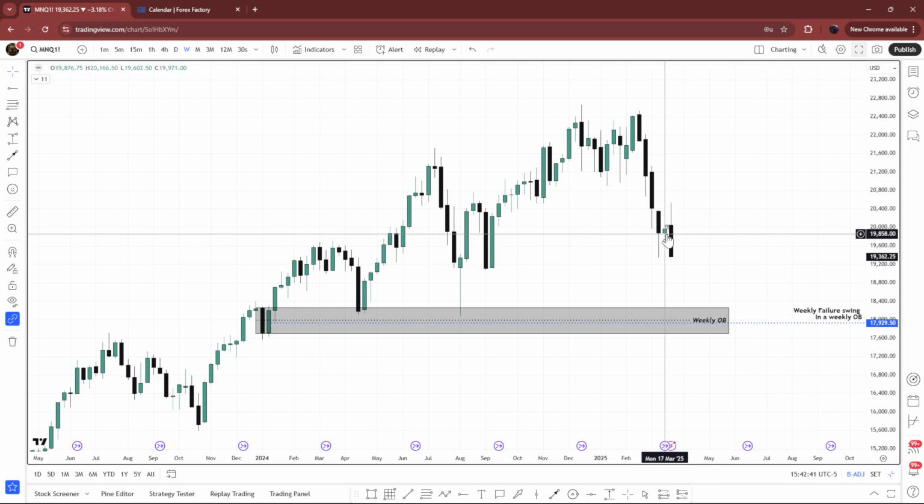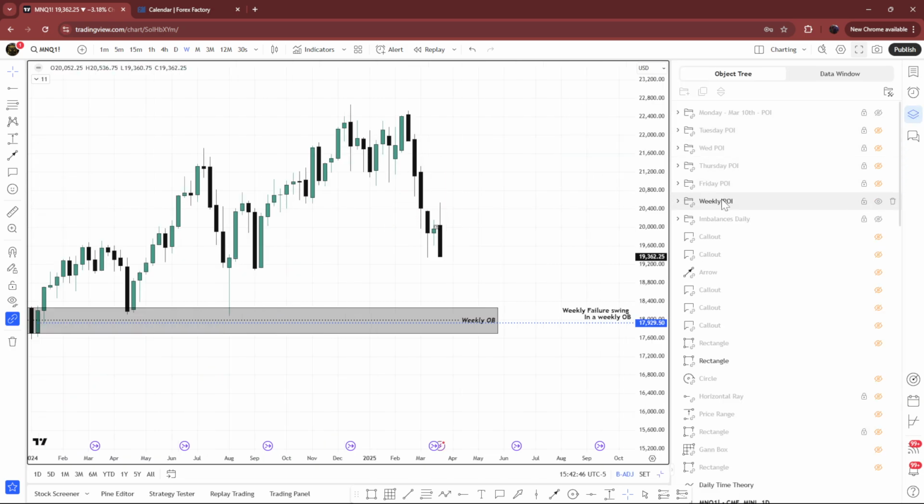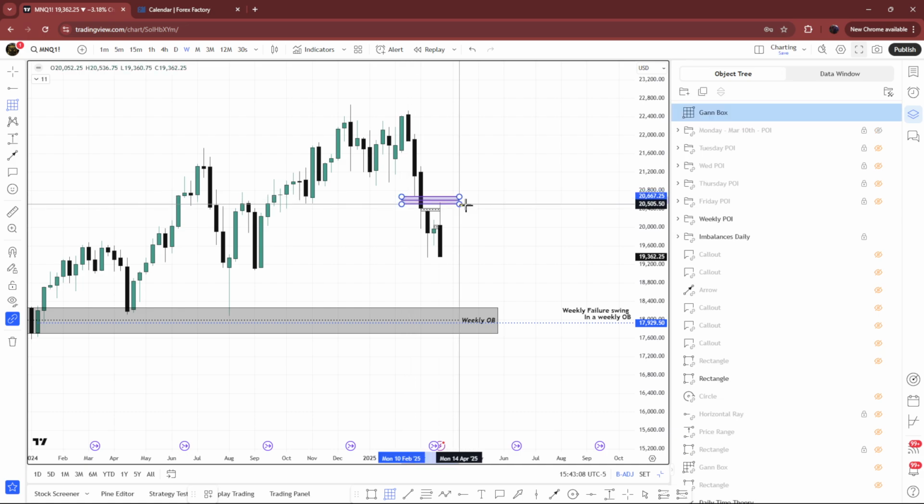So nevertheless, we got the consolidation on the daily, a weekly order block came up, ran this weekly fair value gap. Let's see here. Okay, there's the daily imbalance. I had this marked up, but we basically went to the CE of this fair value gap, which was the high.